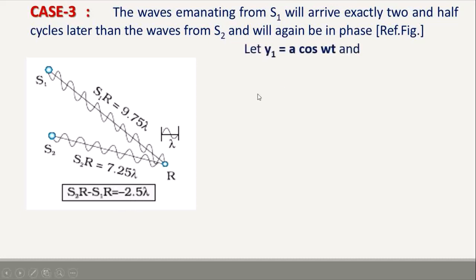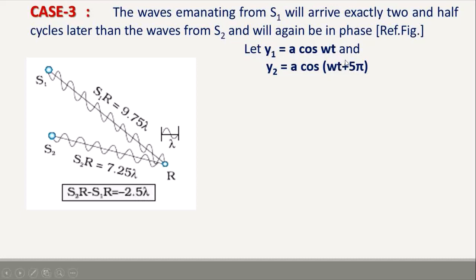Now let's start. The displacement produced by the first wave is y1 equal to a cos omega t, whereas y2, the displacement produced by the second wave, is a cos of omega t plus 5 pi. Plus 5 pi because the path difference between these two waves is 2.5 lambda. For 1 lambda it is 2 pi, for 2 lambda it is 4 pi, and for 2.5 lambda it is 5 pi.